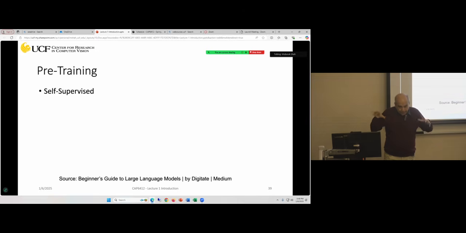Ten or twelve years ago, Feifei Li and her group collected lots of images for each class and annotated them, and they trained the deep learning model, and it worked very well.